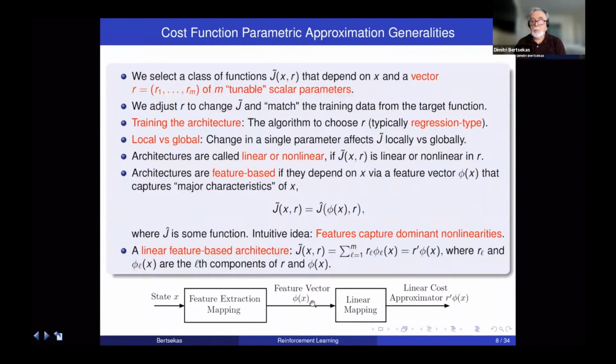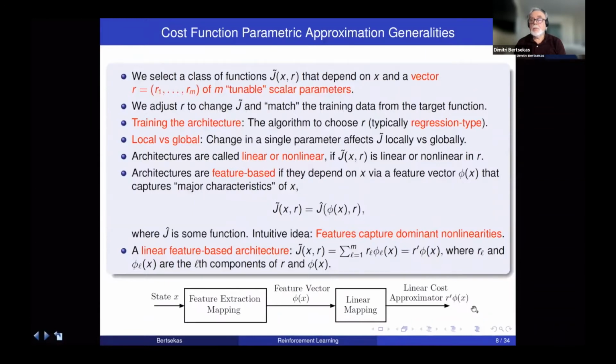Now, these m numbers, the feature vector, are fed into a linear mapping involving this parameter vector R, and out comes this expression, which approximates the target cost function. So that's all there is to it. A feature extraction mapping to give you the feature vector, and then linear weighting of the features to give you an approximation to the target cost function.